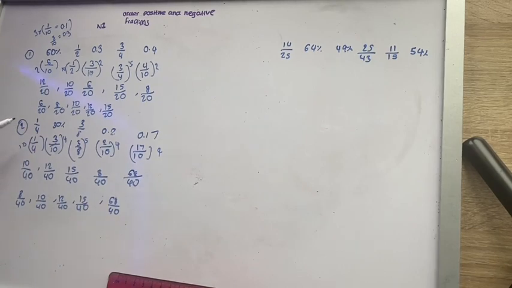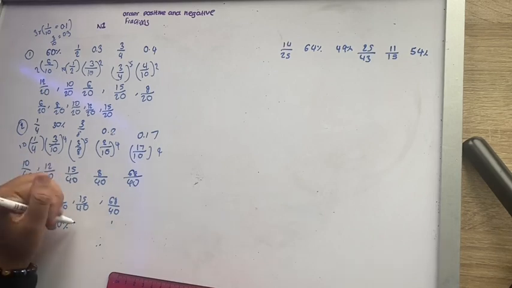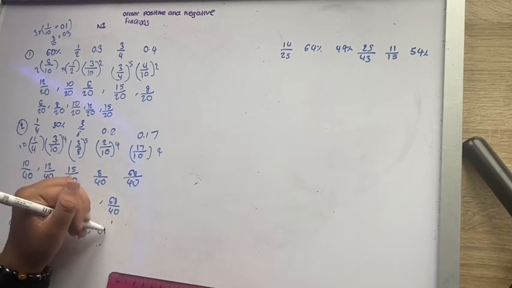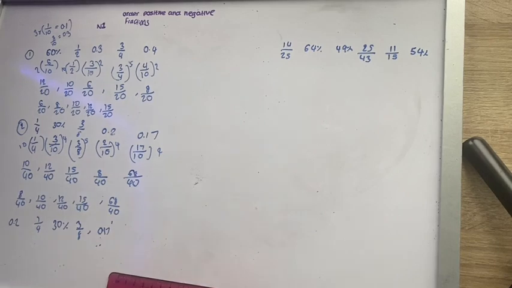So, got the 8 over 40, that'll be 0.2. That'll be 1 over 4. You got the 12, so that'll be 30%. 15 over 40, that would be the 3 over 8. And then 0.17. Hold on.